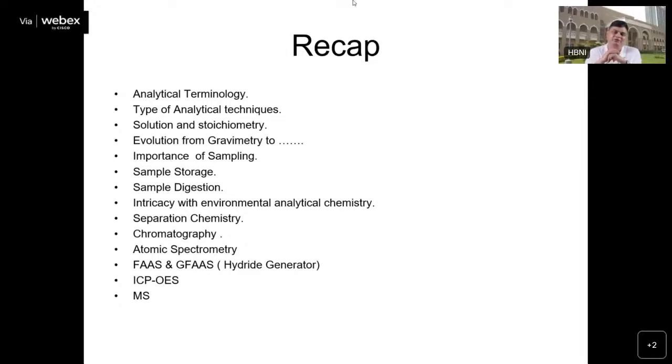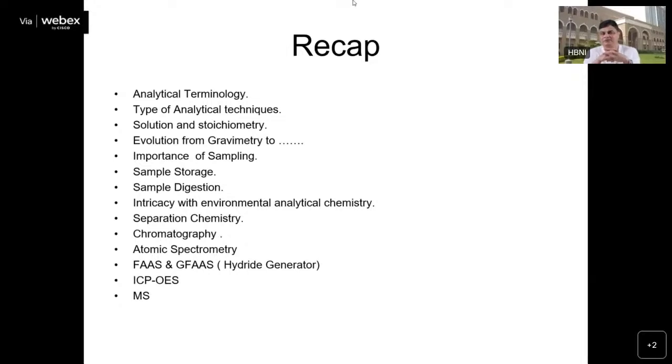There we have seen two different kinds of flames: acetylene and oxygen, when we need a temperature of about 2300 degrees centigrade, and acetylene and nitrous oxide, where we can reach a temperature of 3300 degrees centigrade. All this temperature is required because ultimately we need atoms. In some compounds, it is not possible to break the molecules into atoms at a lower temperature, so that's why we need high temperatures by using the nitrous oxide flame.